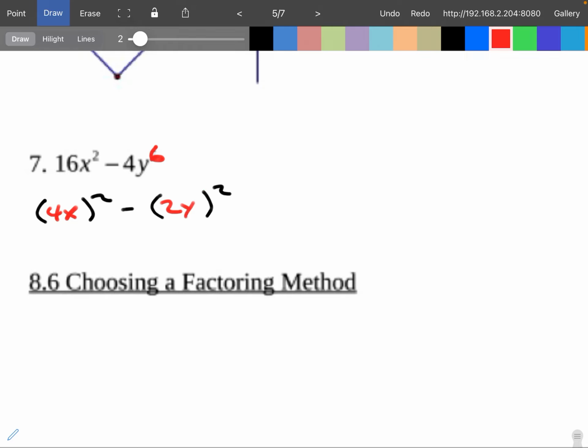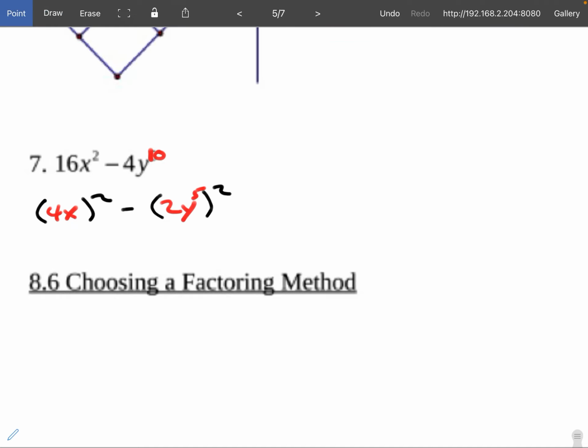Like if that was y to the 6th power, then this would be y to the 3rd power, right? Or like if that was y to the 10th power, this would be y to the 5th power, right?